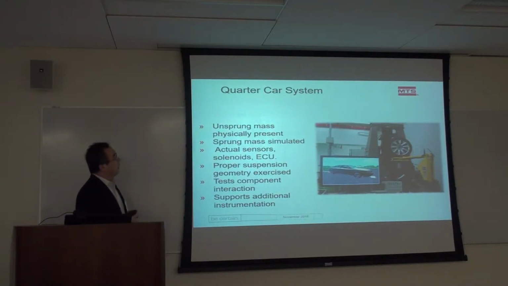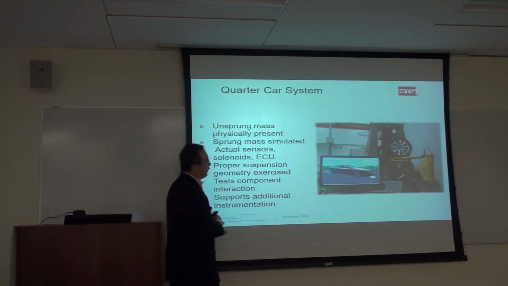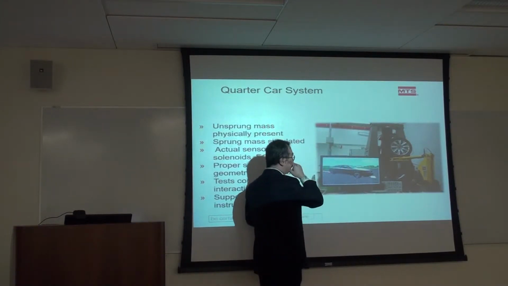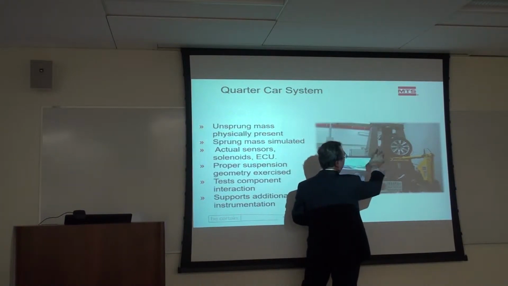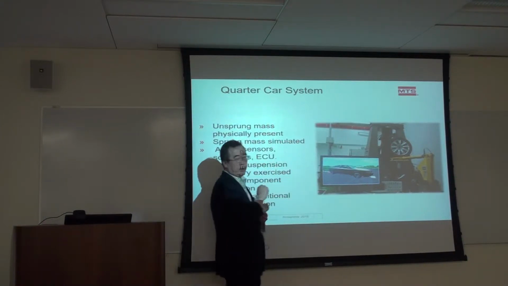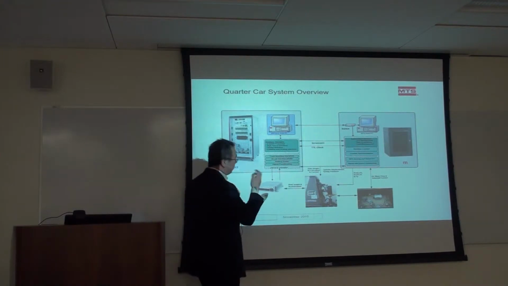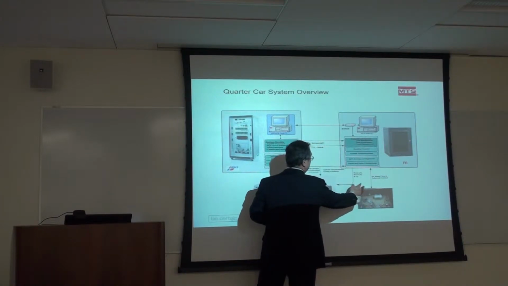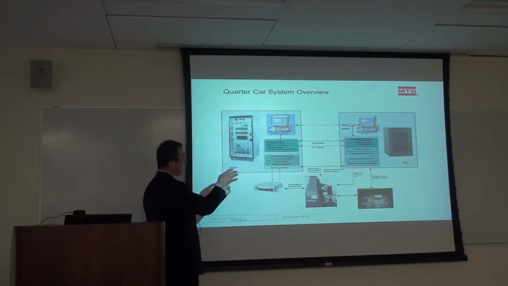Another example is suspension optimization. Suspension tuning is very important for a car, and for this application this is Hyundai Mobis. They have an air spring type of suspension with a lot of electronic control, and again this is an air control system connected to the vehicle computer and the electronic control unit.